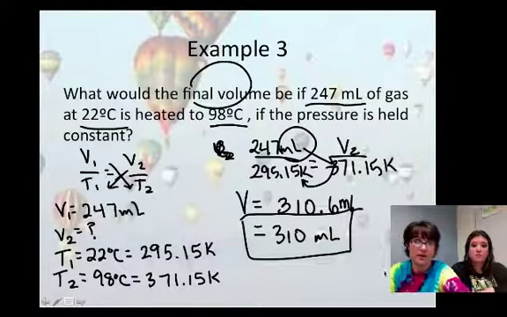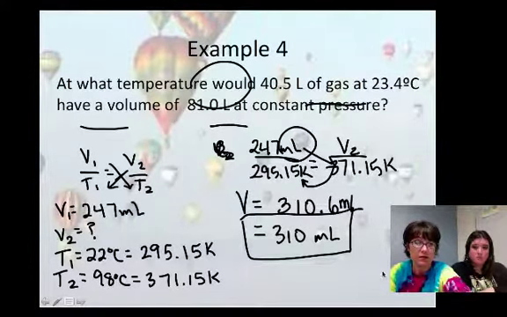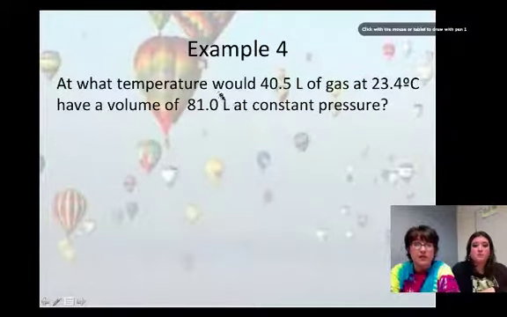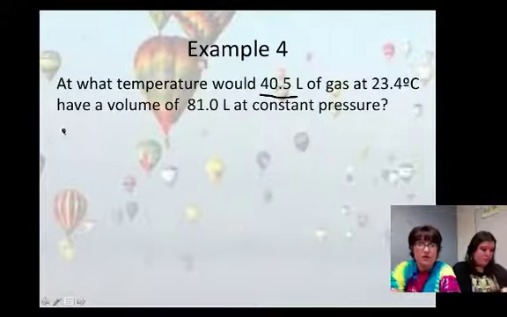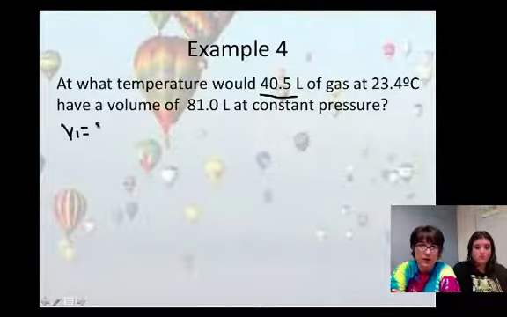Let's do another example. There we go. Clear that old writing. Now we're going to find a temperature. At what temperature would 40.5 liters of a gas at 23.4 degrees Celsius have a volume 81.0 liters at constant pressure?